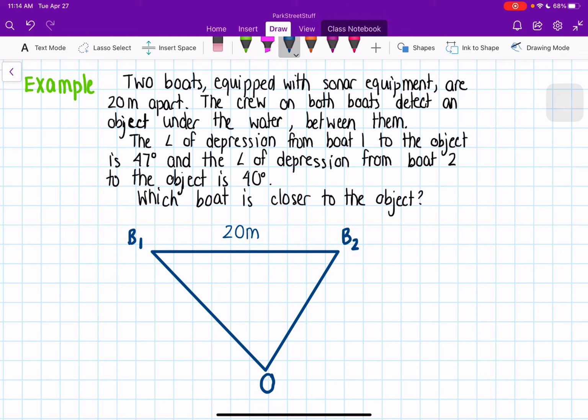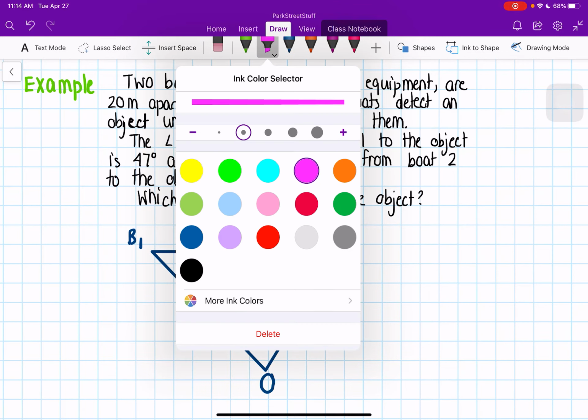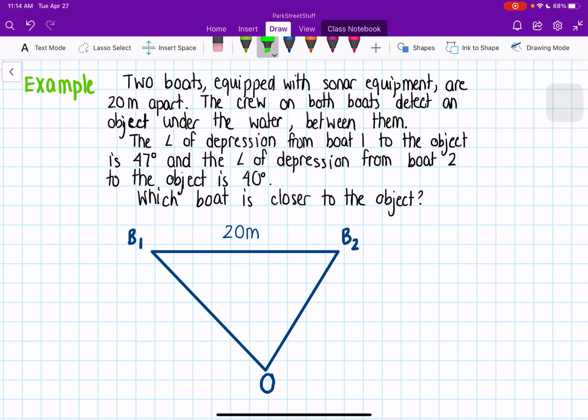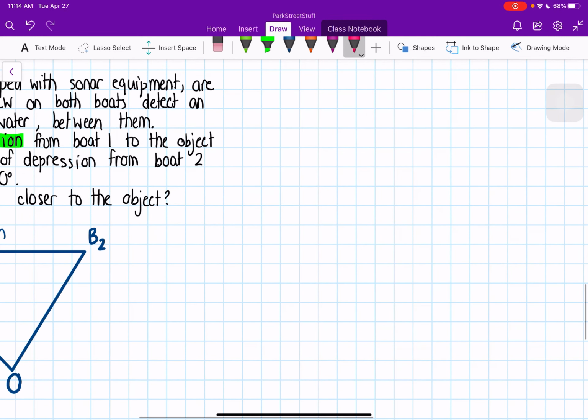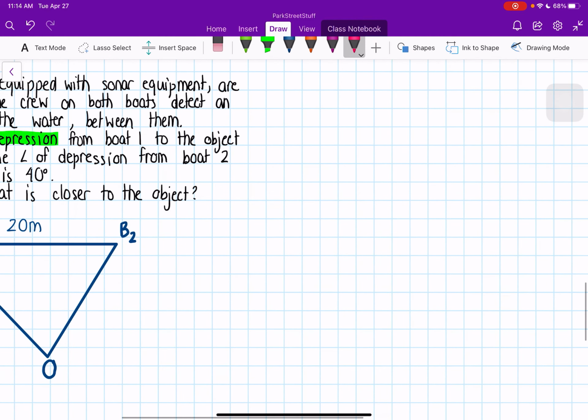And now we talk about something called angle of depression. I'm going to shift to the side here and explain what this term means. Angle of depression: if you were looking straight across, how much would you have to look down?